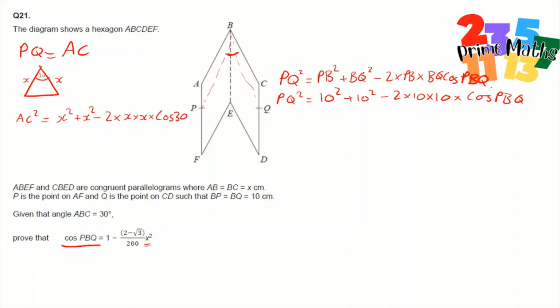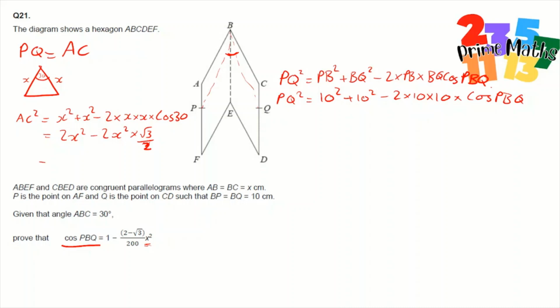Okay, I can simplify that to get a value of AC squared. We should see that this is 2x squared minus 2x squared, and our value of cos 30 is root 3 over 2. You can see this is starting to come together because our answer has a root 3 in it as well.